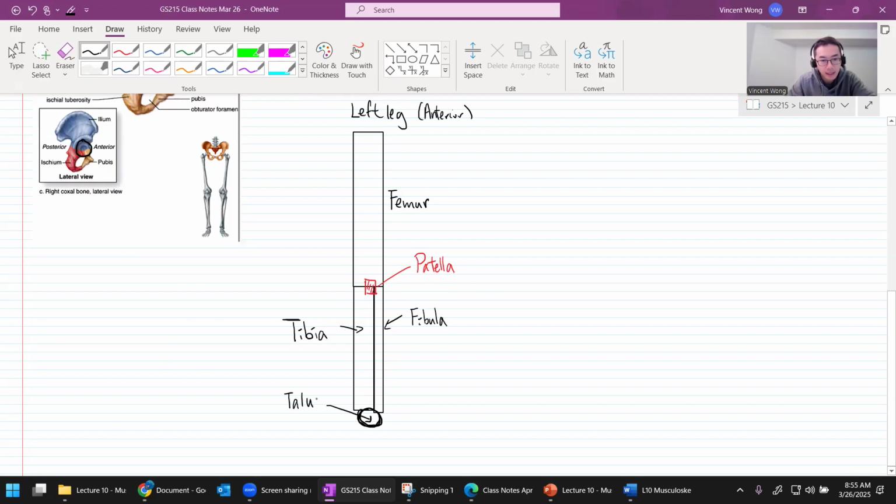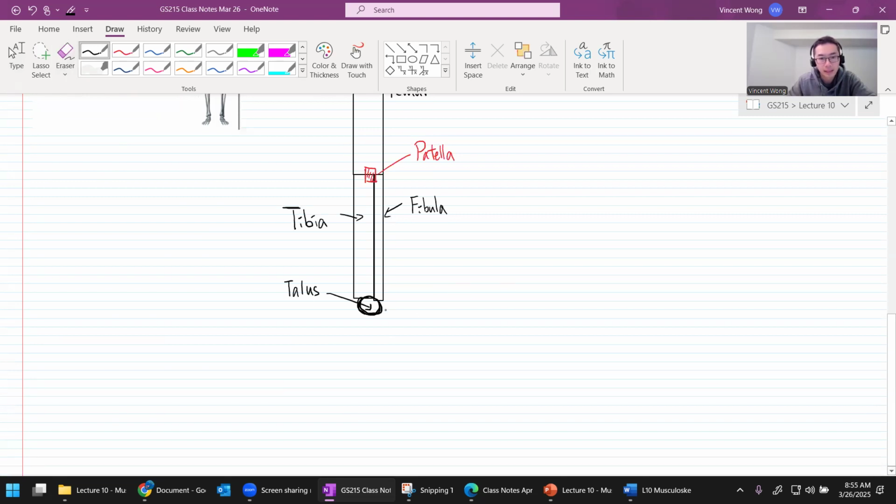That's the talus. And then big bone at the back, calcaneus. That's the heel bone.